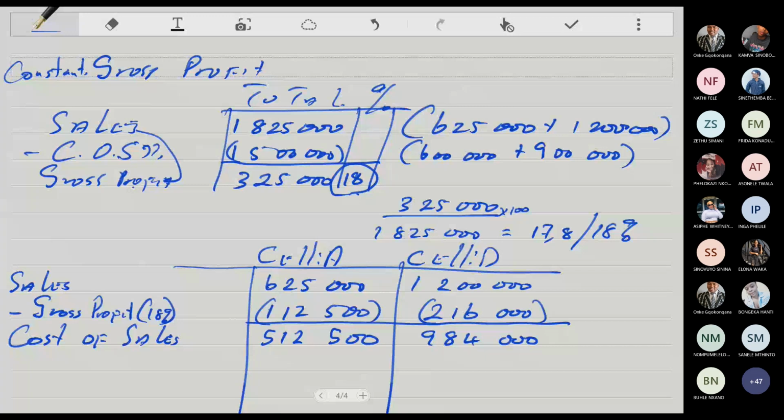The answer is there. What was that 600,000? What was that 900,000?